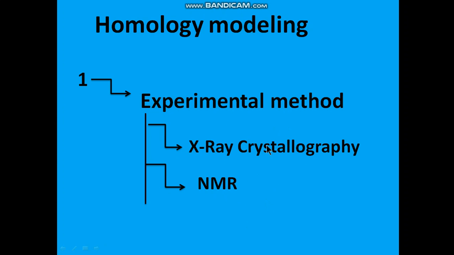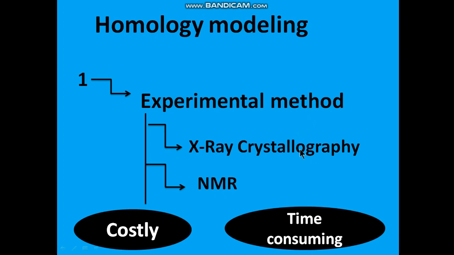Through this method we may determine the tertiary structure of the protein, but there is a disadvantage: this method is so costly and time consuming. You may need much time to determine the protein, because it's so time consuming.